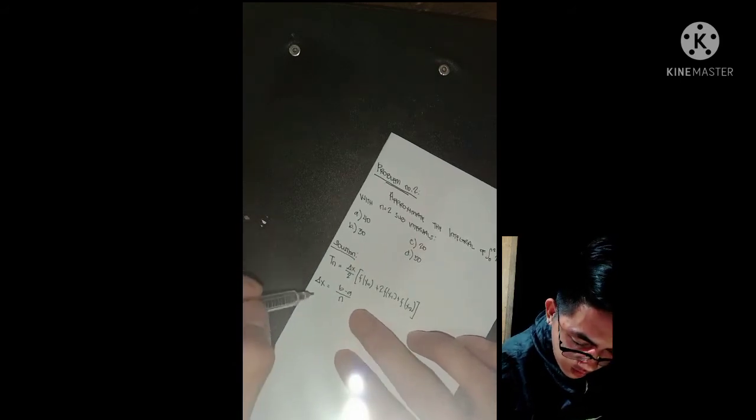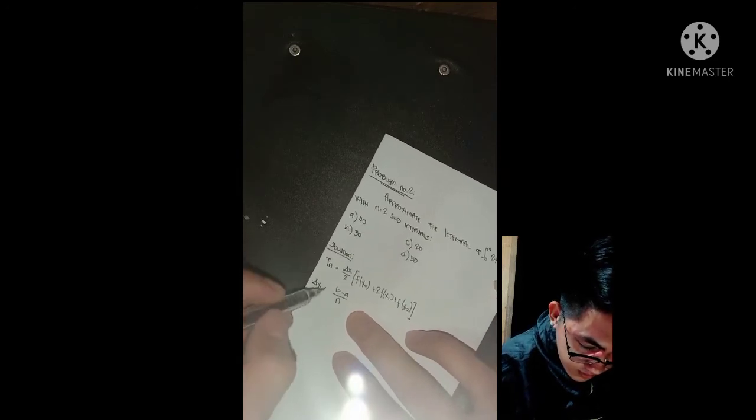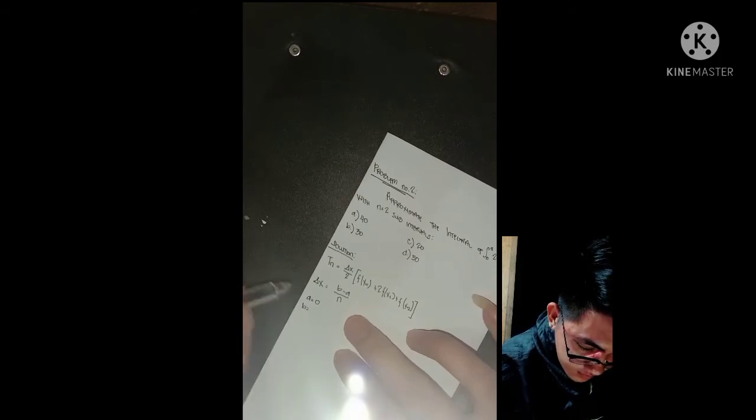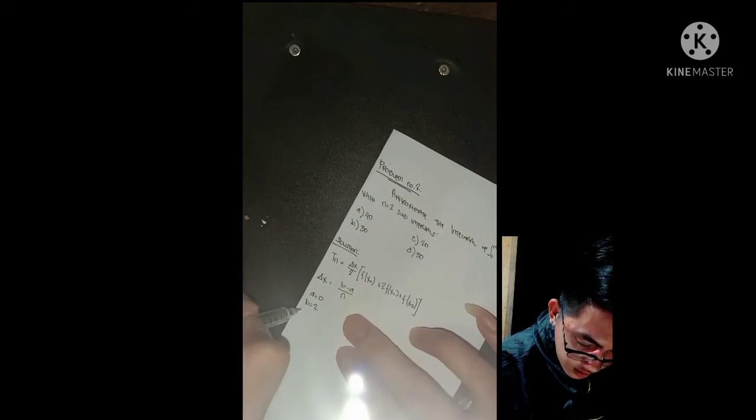The value of our a is equal to 0, b is equal to 2, and our subinterval n is equal to 2.